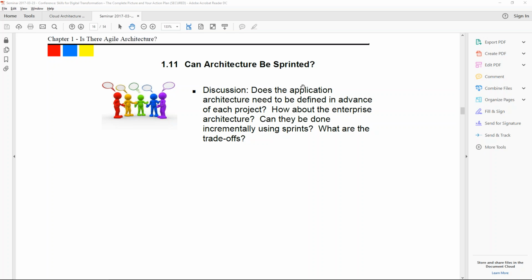Does the application architecture need to be defined in advance of each project? There is an interesting question, and the Agilists, if you just talk to Agilists, and this is not, oh, talk to whoever we like in the Agile space.